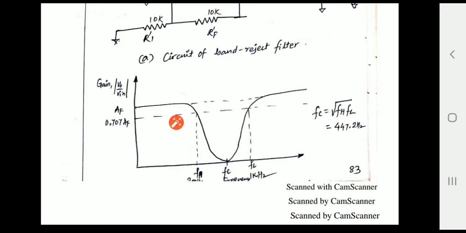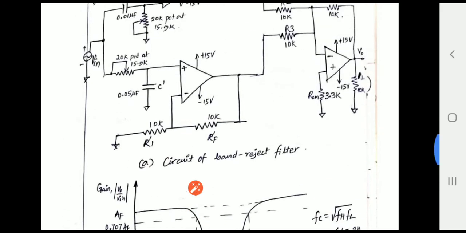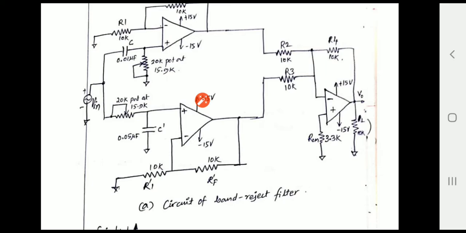As soon as the cutoff frequency is reached, the gain of this low pass filter starts reducing at 20 dB per decade and reaches 0. This is because the reactance of this capacitor starts reducing and it acts as a short circuit. At this node, the input voltage becomes 0.